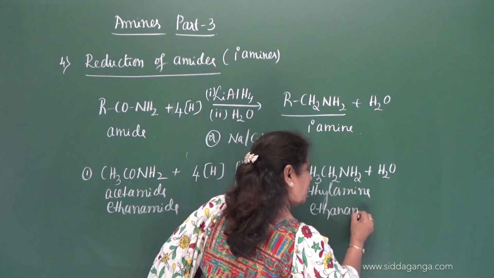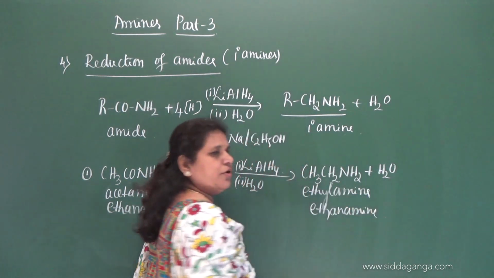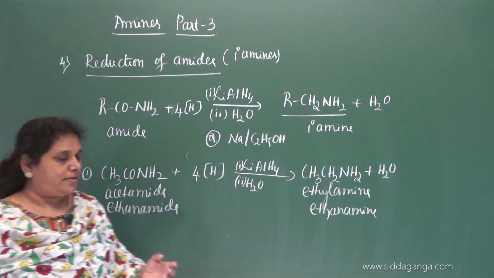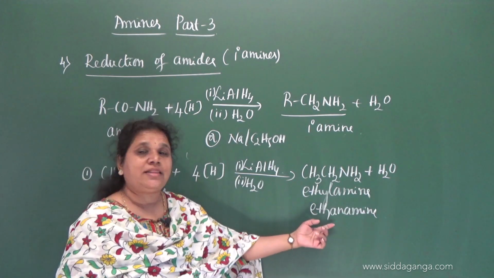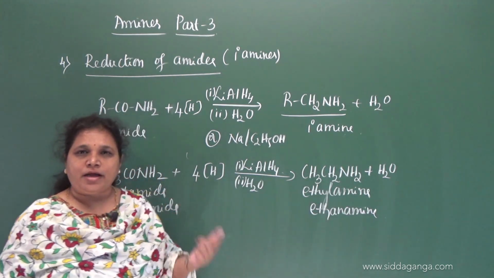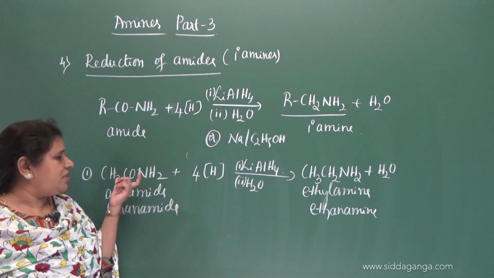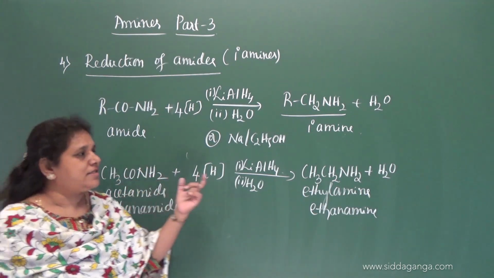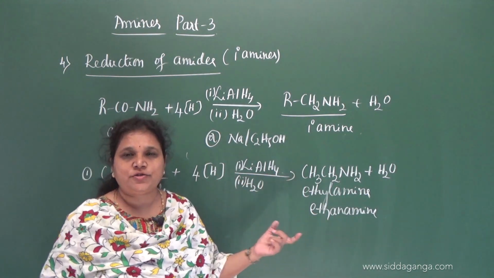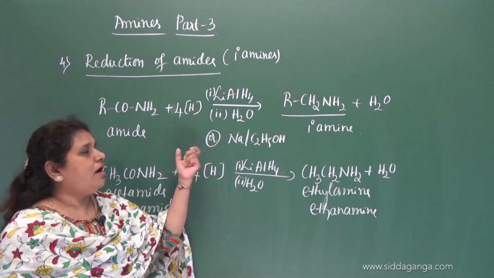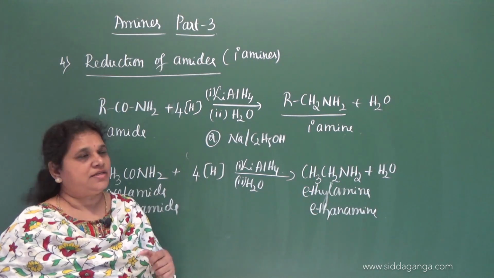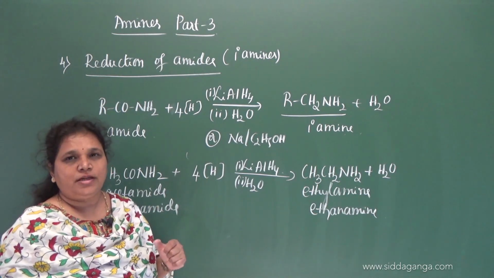Ethanamine is the IUPAC name. So there is no change in the number of carbon atoms here. Acetamide or ethanamide is converted to ethanamine. The CO group of the amide gets reduced to CH2 either by using sodium in alcohol as a reducing agent or by using the common reducing agent, lithium aluminium hydride.